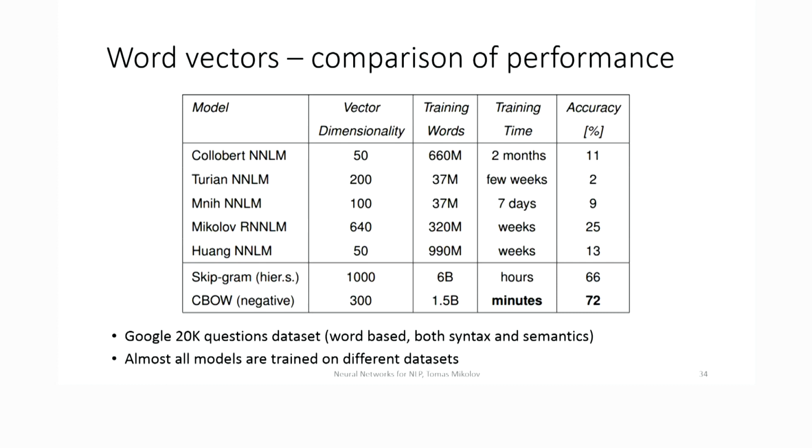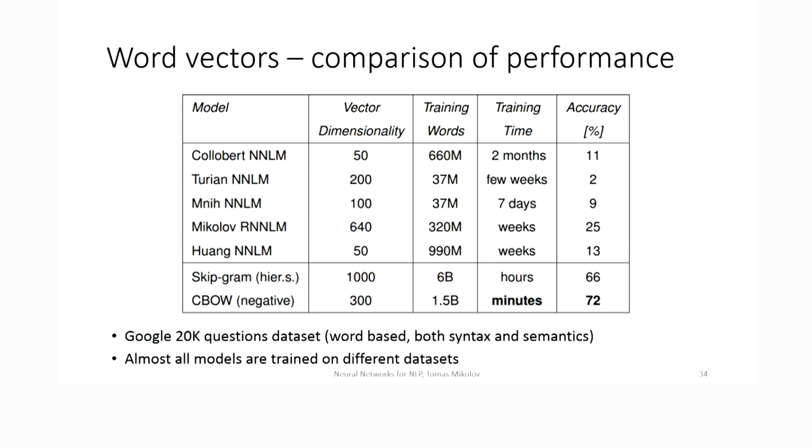And then there was a model from Stanford that was trained on almost 1 billion words, but with just 50-dimensional vectors. And the accuracies on the analogy data sets were quite revealing that you should probably be using as much data as you can and as large dimensionality as you can for these models.